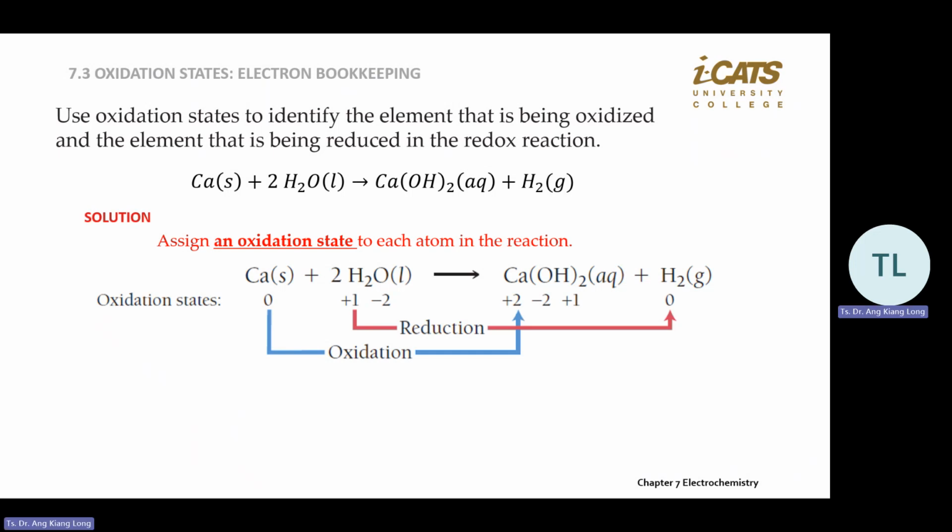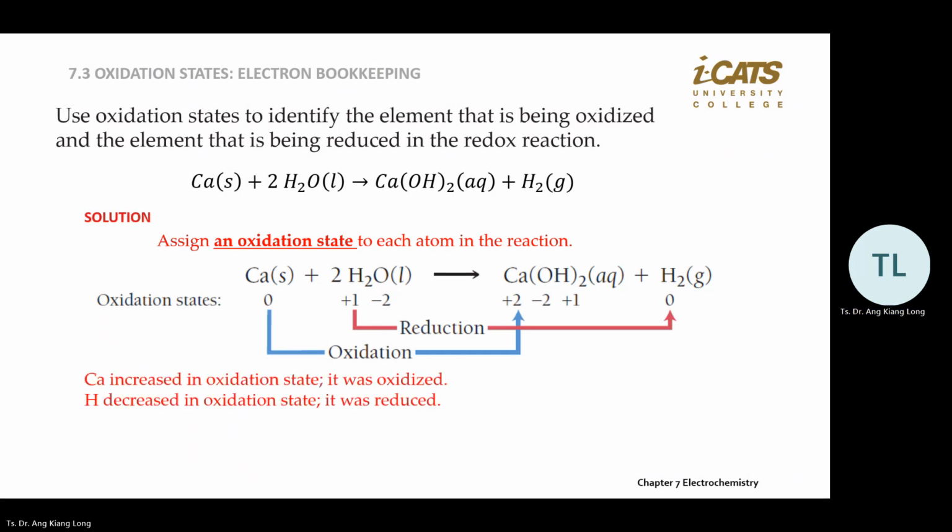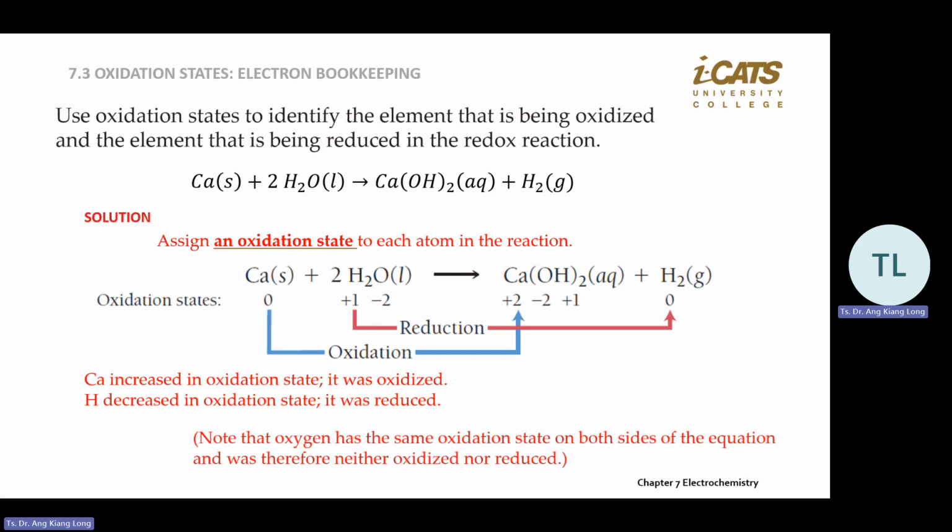Then go to the water, H. H goes from +1 to 0. That means a negative change, a reduced number, and reduced means reduction. Any questions on the blue arrow and red arrow? Make sense? Okay, so this is just a hand note.